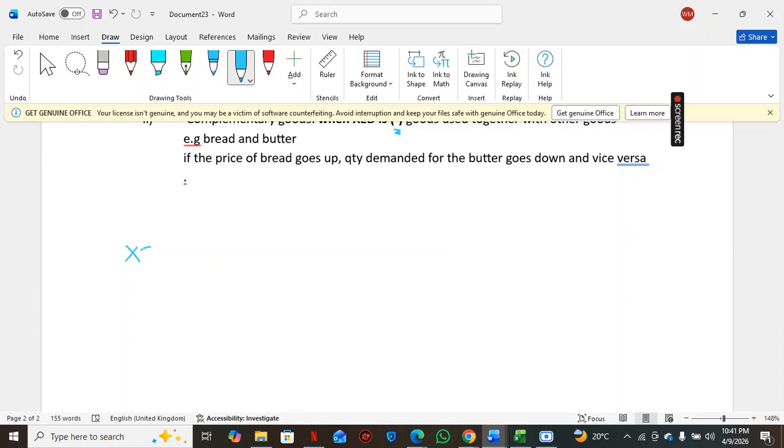Cross price elasticity of demand, XED, equals Q2, the new quantity demanded, minus Q1, the old quantity demanded, over the new quantity Q2 plus the old quantity Q1, over 2.